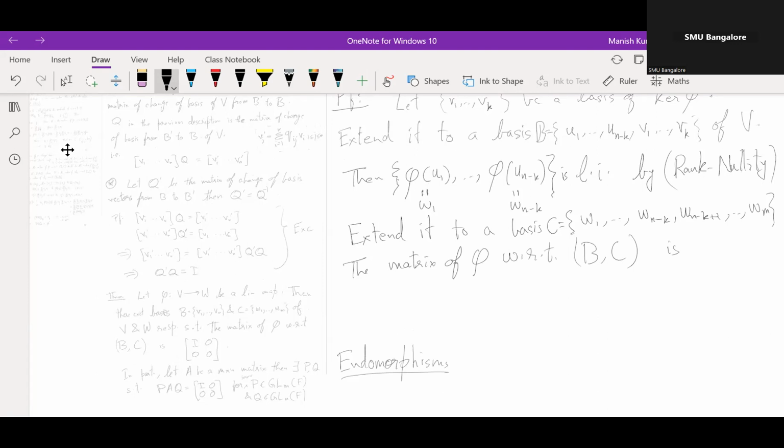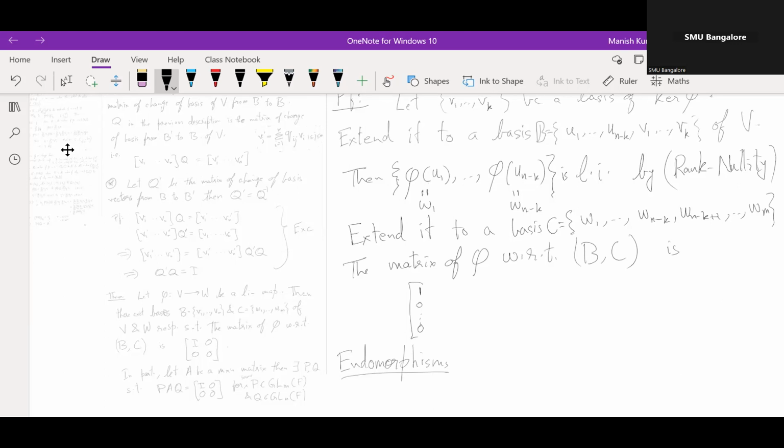So what is phi of Ui? Phi of U1 is W1. If you want to write it as a linear combination of W1, W2, W3, it's just W1, so the coefficient is 1. You get 1 here, and the rest will be zeros. Similarly, phi of U2 is just W2.